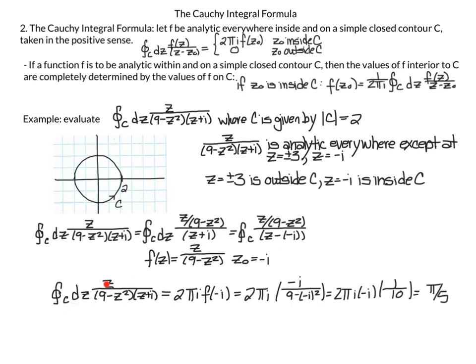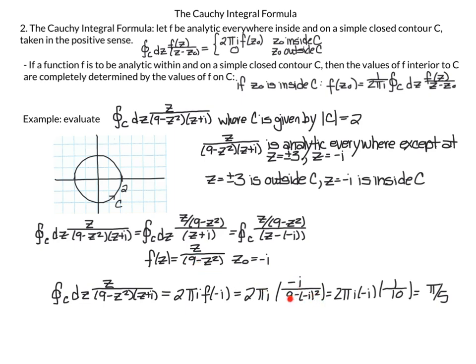So I have my integral of z over 9 minus z squared, z plus i, is equal to 2 pi i times f of z naught. So 2 pi i times f, and z naught is equal to minus i. So it's 2 pi i times, and I'm going to plug in minus i into f of z, which is minus i over 9 minus z squared.